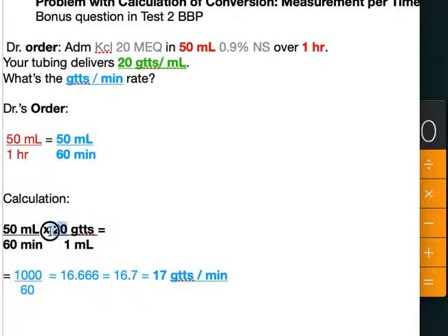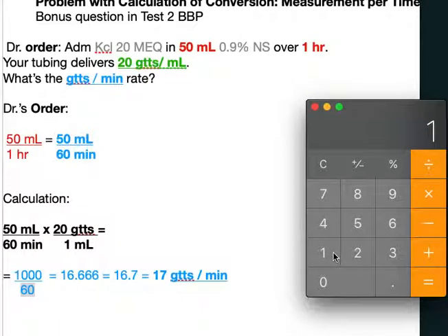First, 50 times 20, 1000, right? Or we can do 2 times 5, which is 10, and then we add the 0 from the 50 and the 0 from the 20, so it's 1000 over 60 times 1 equals 60. So our fraction, our division will be 1000 over 60.